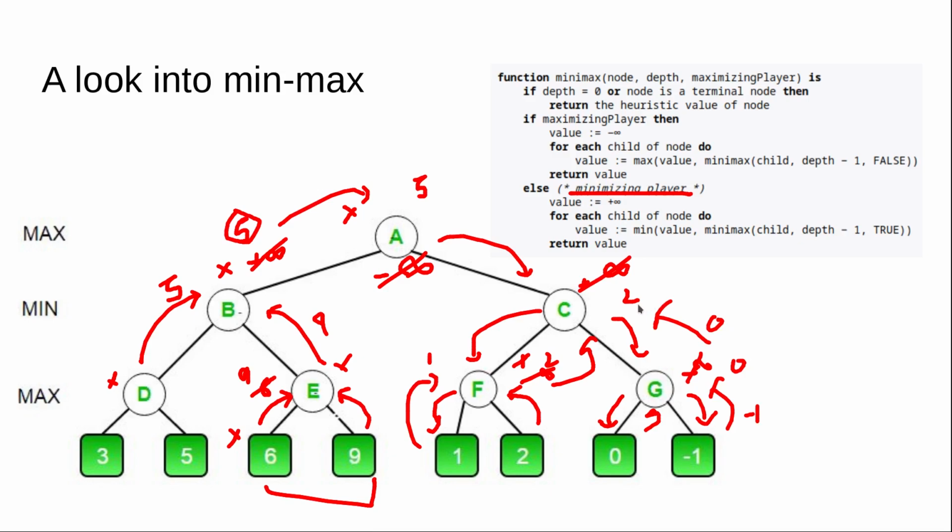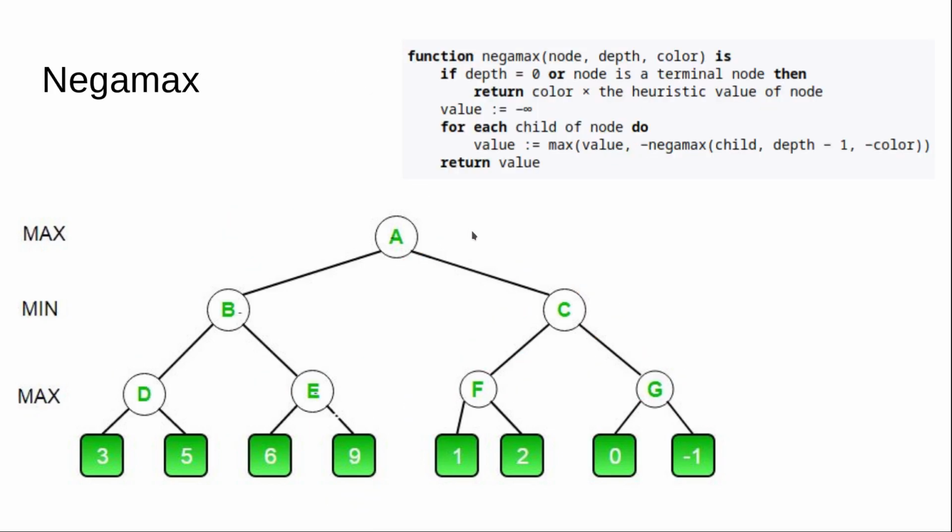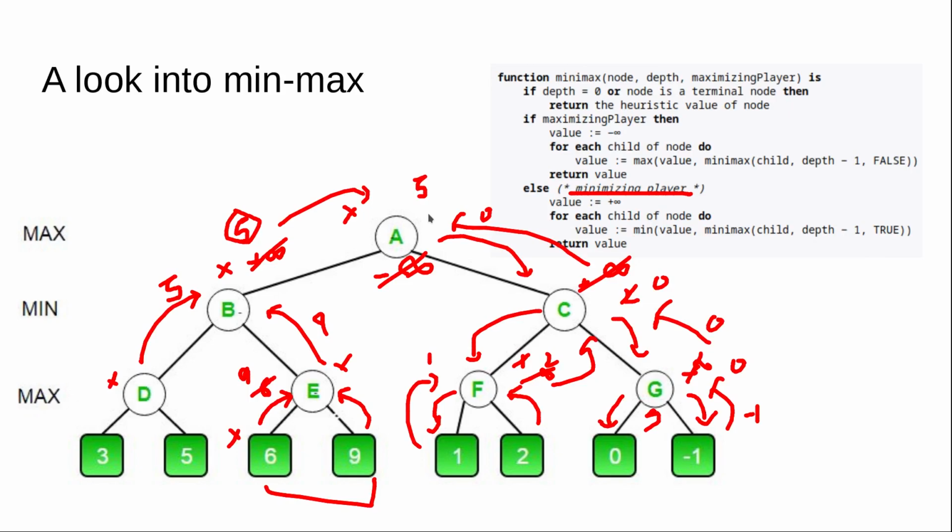Okay, so among 2 and 0, 0 is the lesser one, so 2 would be replaced by 0. And this minimizing player would pass this 0 again to the upper node. But since this is a maximizing player, it has received both these values, so it would take the optimal value 5.